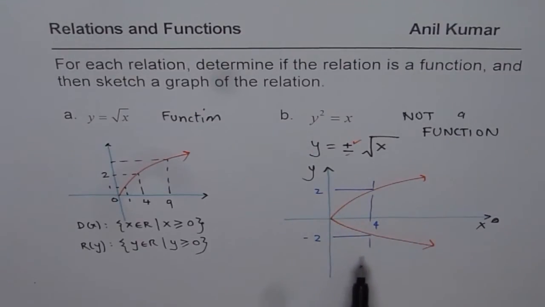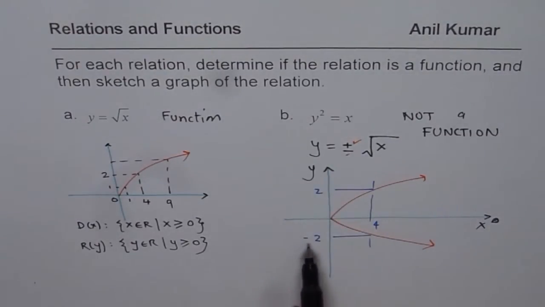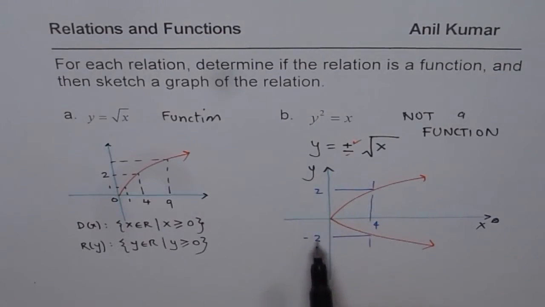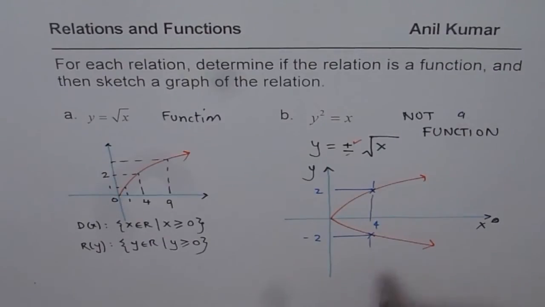I hope that point is very clear. Square of 2 is 4 and square of minus 2 is also 4, and therefore 4 corresponds to 2 and minus 2. Since it fails the vertical line test, this relation is not a function.